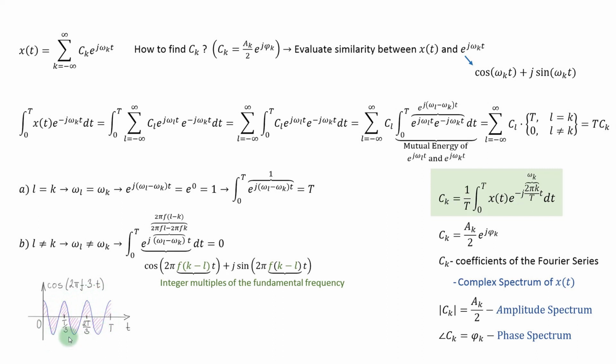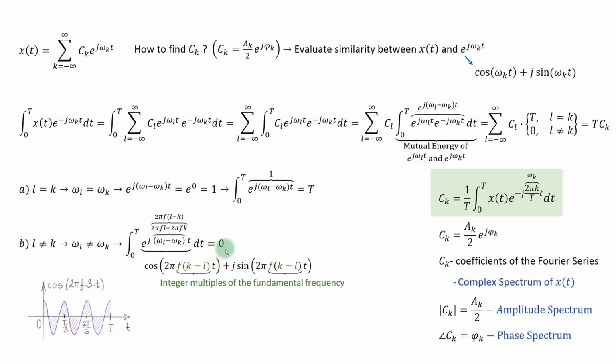And within this fundamental period, you can fit 3 whole periods of this cosine. Now, if you can fit a whole number of periods within this integration interval, do not forget that we are integrating from 0 to t, then this positive area is going to be exactly the same as this negative area. And the integral over this function is going to be 0.